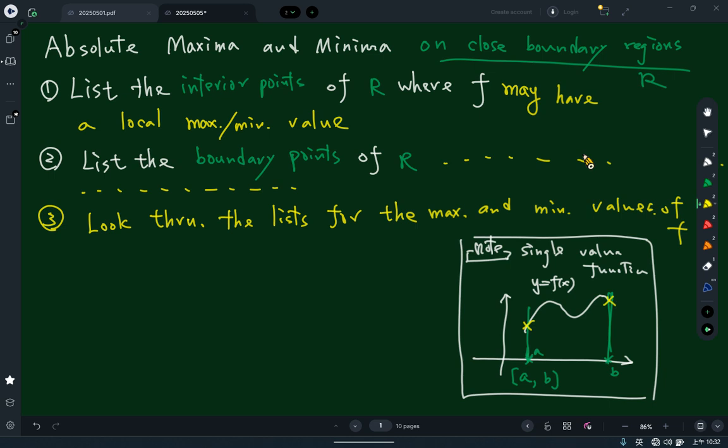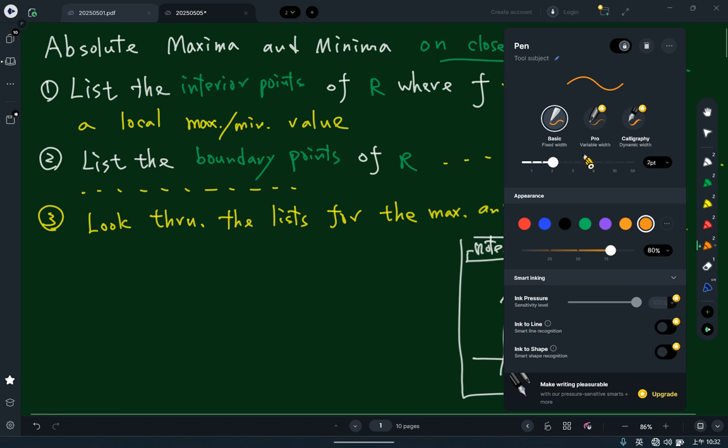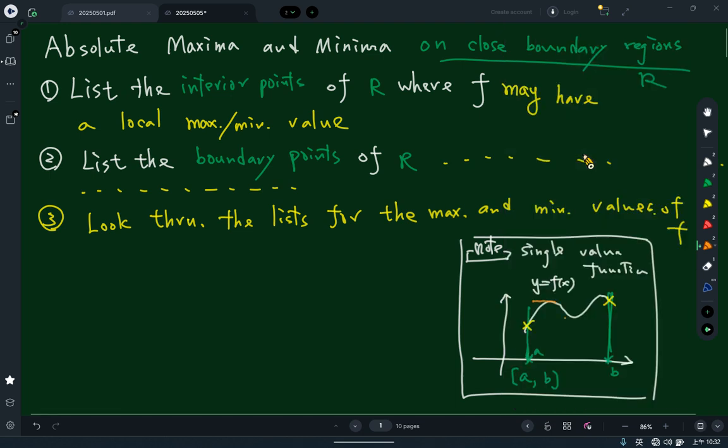These 2 endpoints will possibly provide the maximum value and minimum value. But at the same time, we also need to consider, for example, if f prime x is equal to 0, if it is differentiable and it is an interior point, so we will also focus on these 2 points.